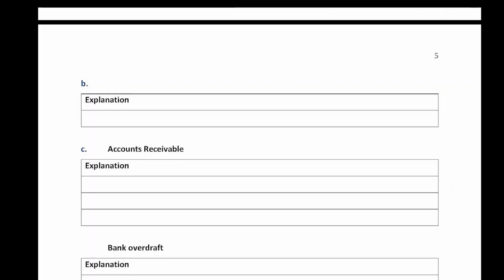After that? Brings future economic benefit. Yes. Then what did you miss? No. Before that, the past event. What is the past event? That is where you start brackets.